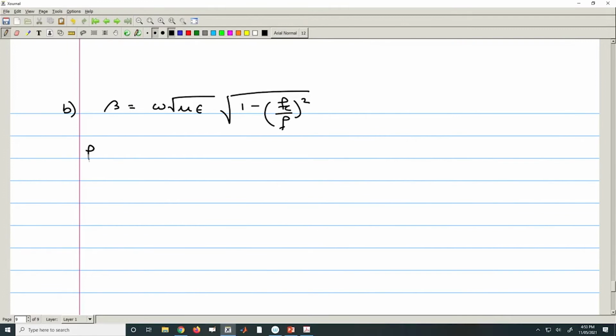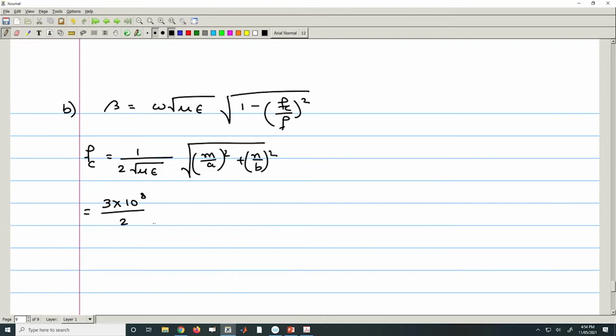So Fc we can write down as 1 upon 2 root mu epsilon times root of m by a square plus n by b square. So substituting the values, we will get 3 into 10 to the power 8 by 2.